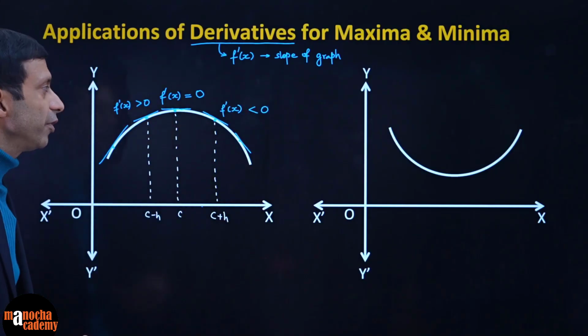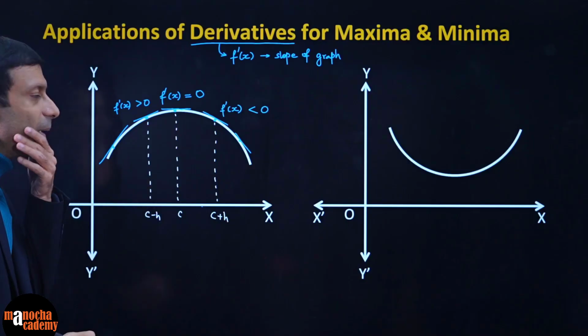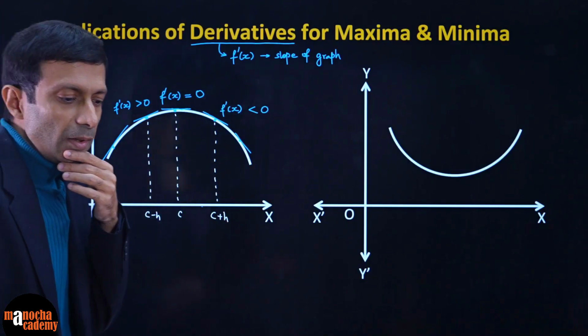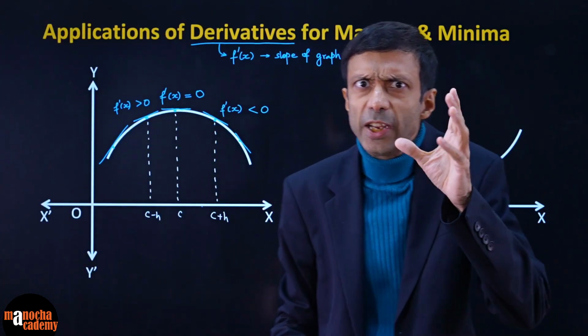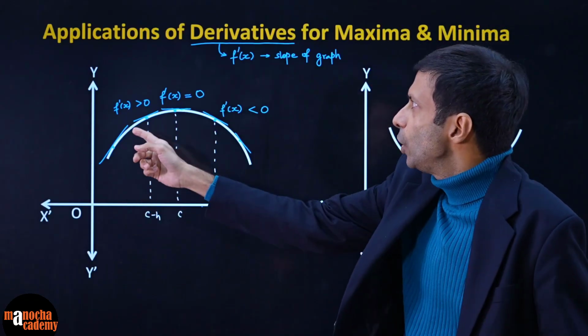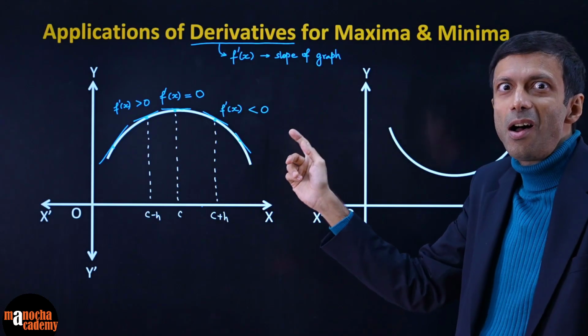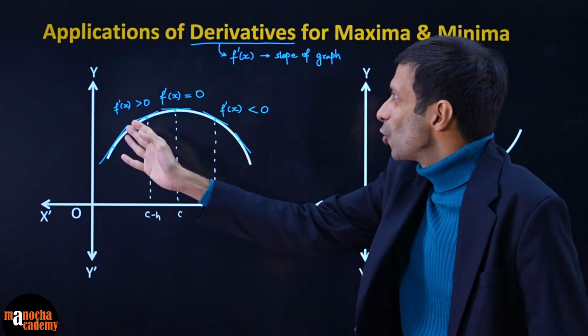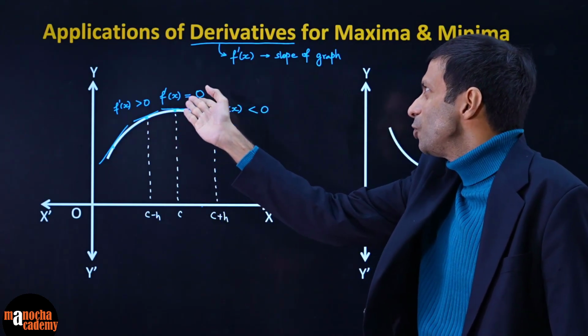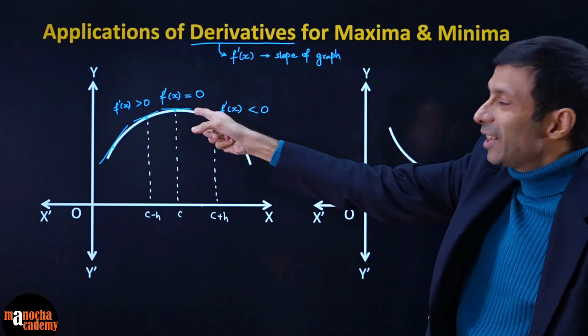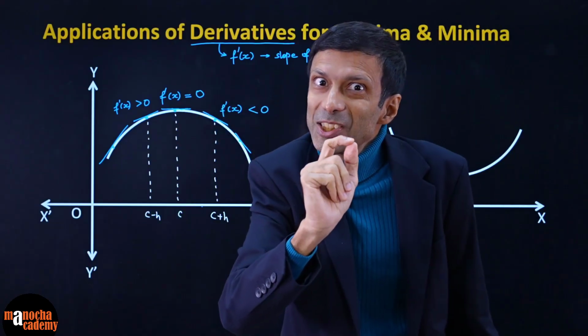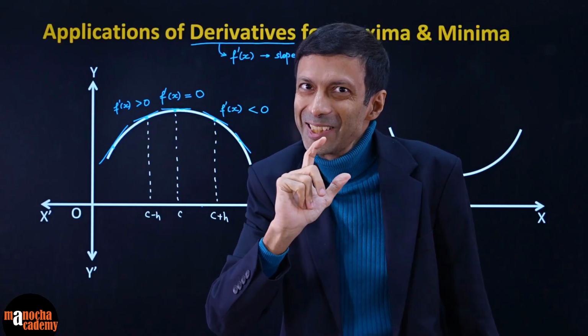So this is very interesting: if you look at this maxima carefully, the maxima is basically this change of slope, from positive to 0 to negative. When slope changes from positive to 0 to negative, at that 0 point we have found a maxima. Is that making sense?